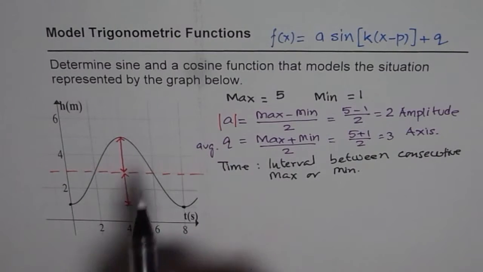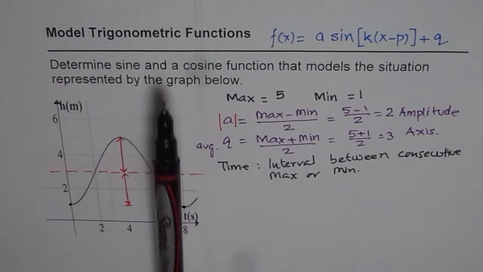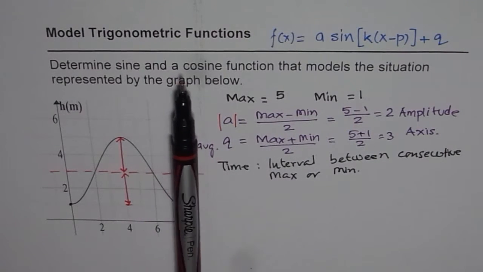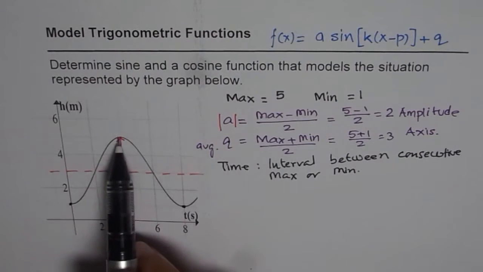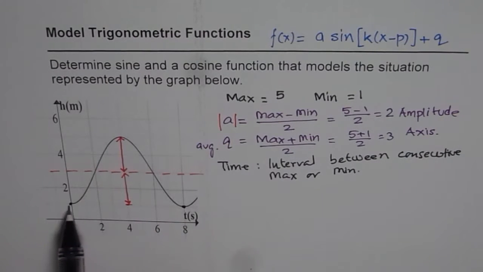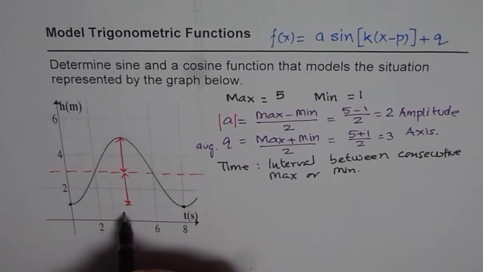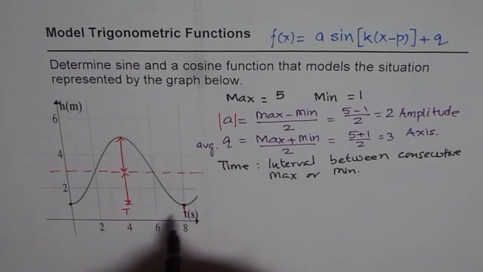Now if in a graph you see only 1 maximum and 1 minimum, let us say we could have had that much of the graph, up to 6 for example, in that case you could find the time between the maximum and minimum and then multiply by 2. Do you understand? So that is half the time period. So the time period T is basically this distance.